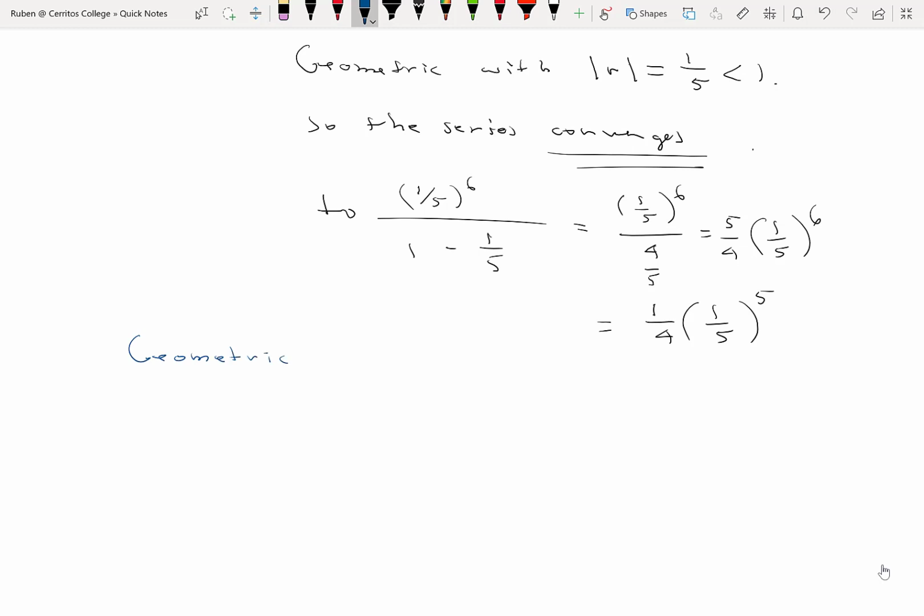A series will be geometric if it looks like the sum, n starts from anywhere to infinity, of a r to the n plus or minus any whole number.